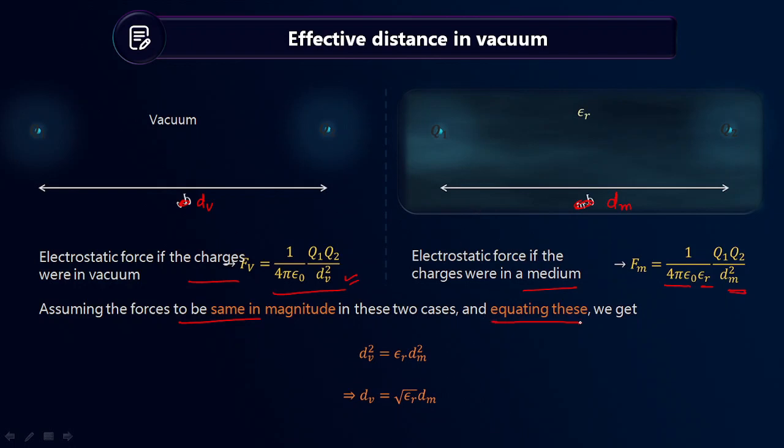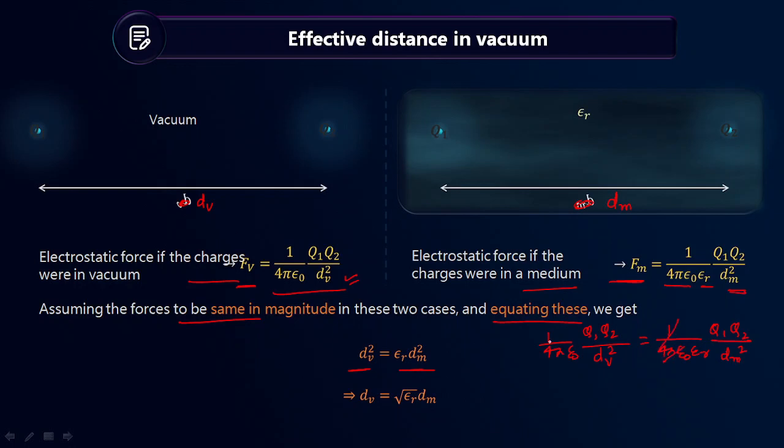So we can equate the forces. 1 upon 4 pi epsilon naught q1 q2 divided by separation in vacuum square equals 1 upon 4 pi epsilon naught epsilon r q1 q2 divided by separation in medium square.